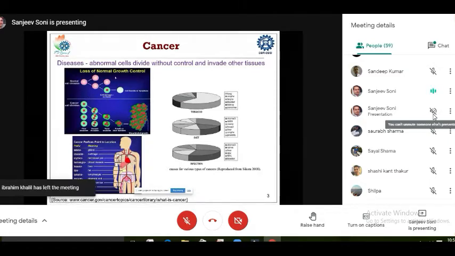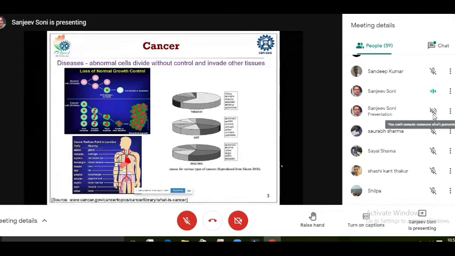So cancer means uncontrolled and abnormal growth of human cells in the body, and depending on the organ in which the cancer originates, we generally name it with a variety of prefixes. For example, if it's a liver based cancer, we call it hepatocellular carcinoma. If it's a skin based cancer, we call it melanoma. There are a few medical terminologies which we generally use to name these cancers.